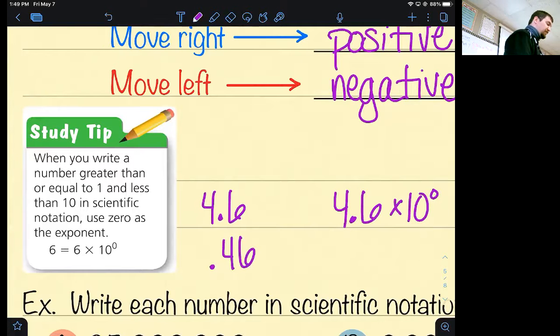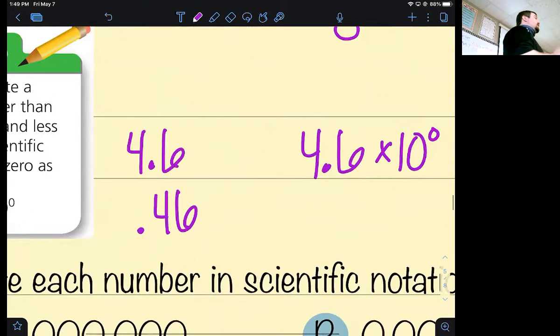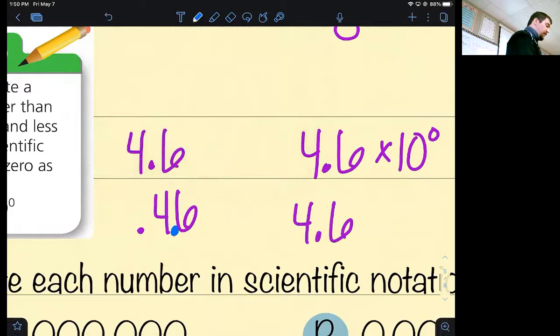Yeah, that's true. Now, if the number was 0.46, that is not between 1 and 10. So then I would write 4.6 again. But because I had to put the decimal here and go back to its original location, I would put times 10 to the negative first power, which tells me it's actually smaller than 4.6. It's 0.46.